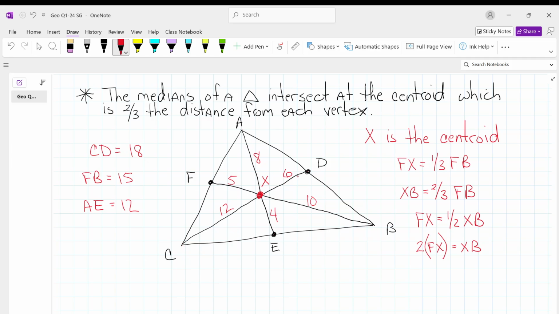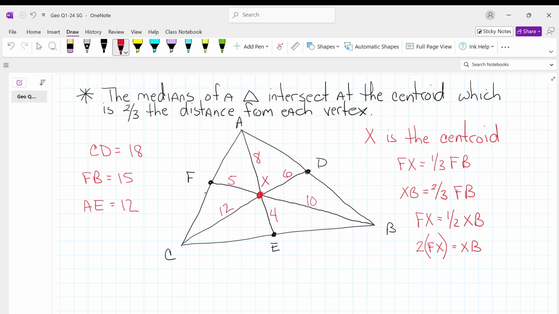So C to D divided by 3 is 6. All right, 18 divided by 3 is 6. A to E, AE is 12. And 12 divided by 3 is 4. That's your short piece. And the short piece times 2 is the long piece.